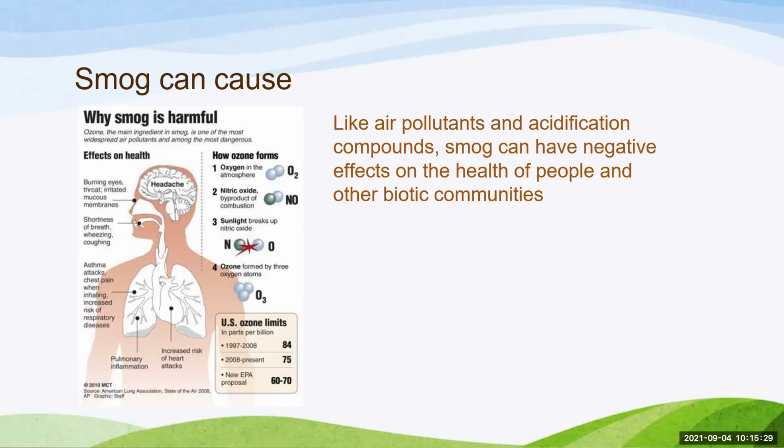Okay, this type of thing has a direct impact on the human body. Air pollutants and acidification, compound smoke can have a negative effect on the health of people and other biotic communities.